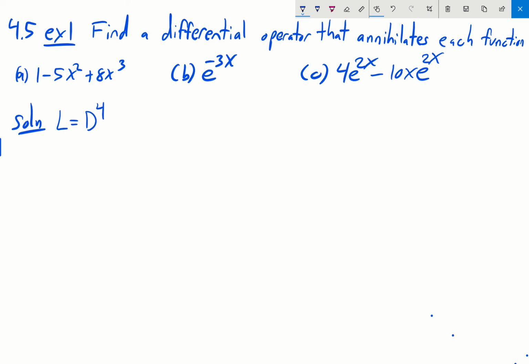Let's go ahead and check. Not going to do this every time, but since we're new to differential operators, it doesn't hurt. And again, you can think of this fourth derivative as successive differentiation.